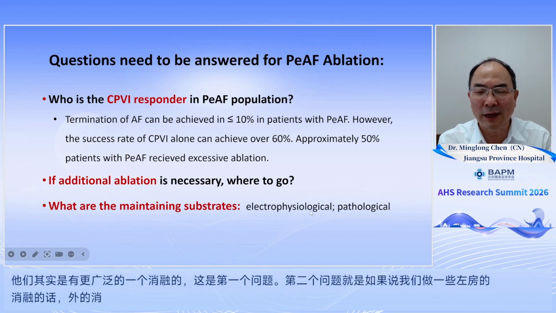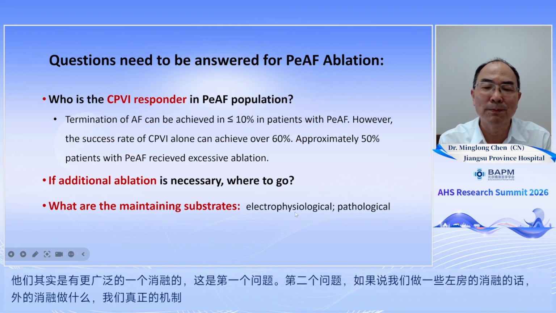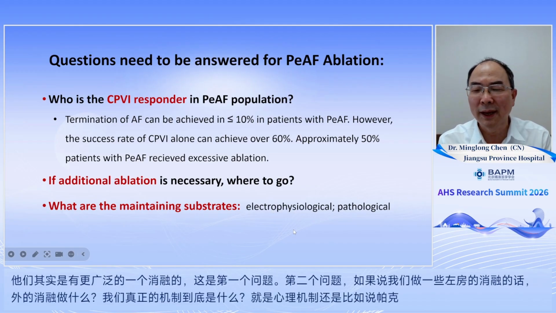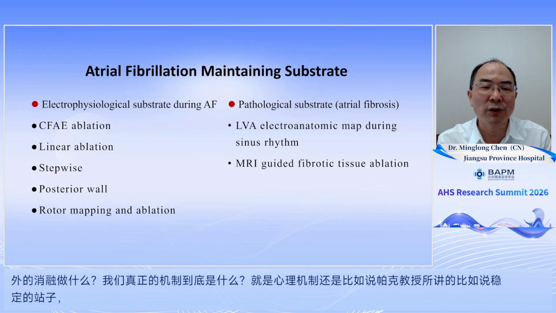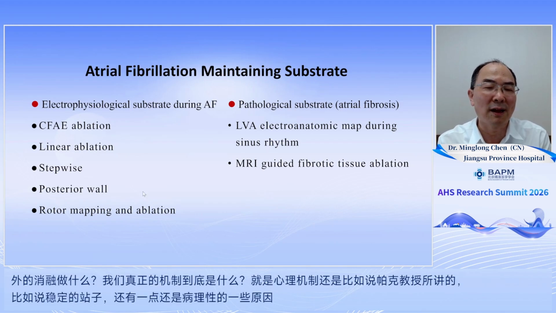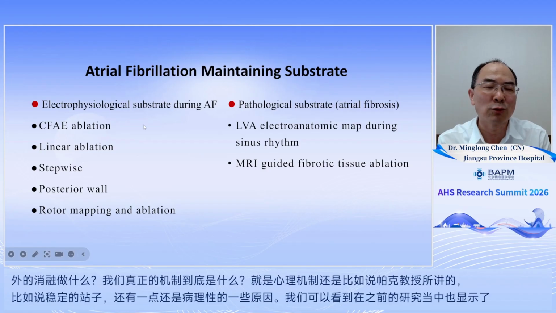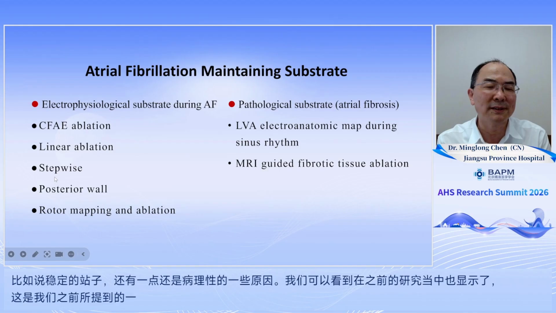Is it the electrophysiological substrate, like Professor Park mentioned with the stable rotor, or is it the pathologic substrate? With the previous studies, you can see these previously mentioned electrophysiological substrates during AF: CFAE ablation, linear ablation, stepwise ablation, posterior wall, rotor mapping and ablation.